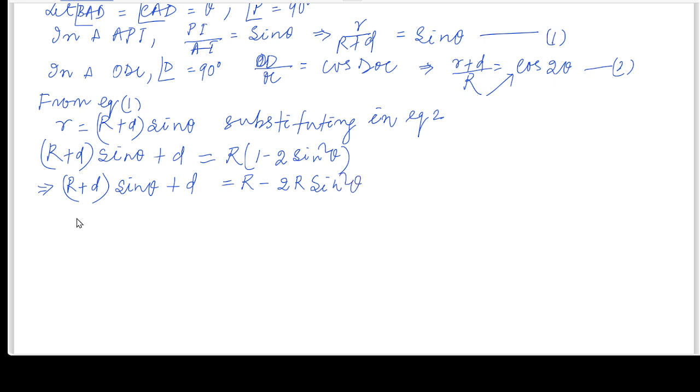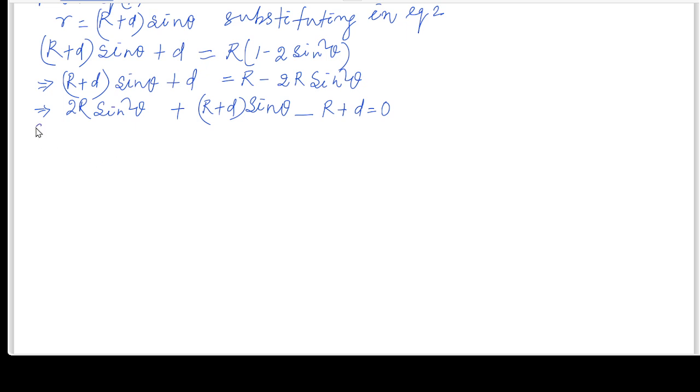Take all this to one side. So this gives me twice R sine square theta plus R plus d sine theta minus R plus d equals 0. So I am getting a quadratic equation in sine theta.